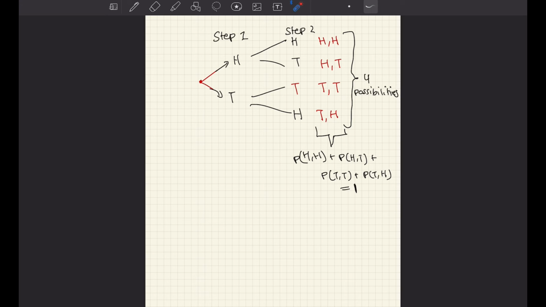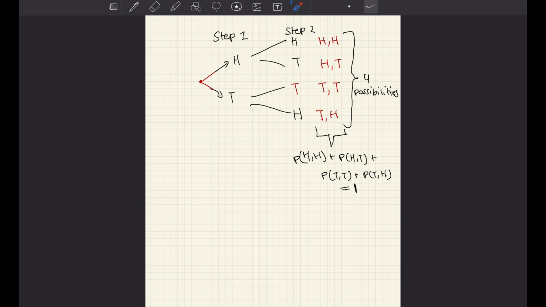So, the probability of getting heads heads is going to be the probability of heads here times the probability of heads. So you might remember your teacher telling you, you times the probability of heads and then you do that again. And that's the case. So that's 0.5 multiplied by 0.5, or half or 50% multiplied by 50%.